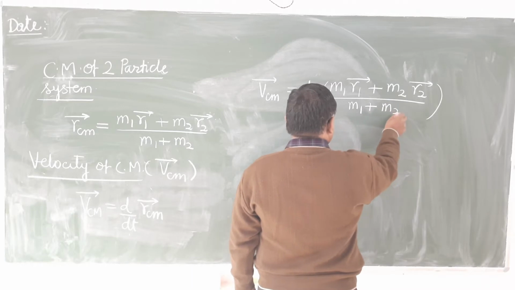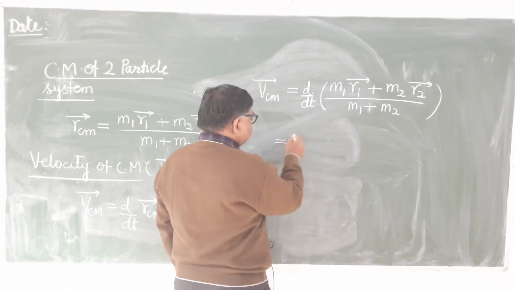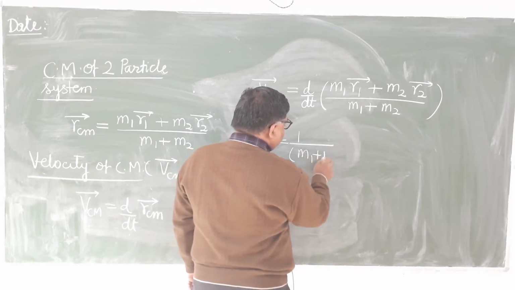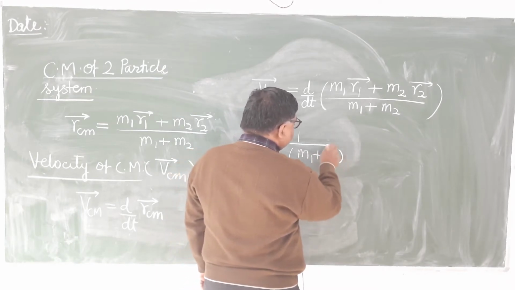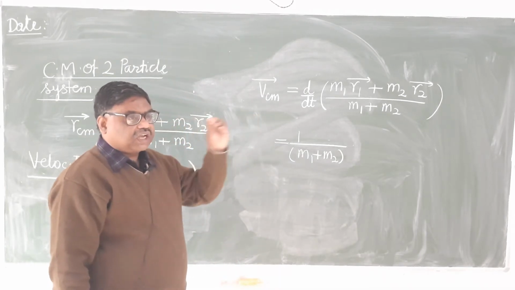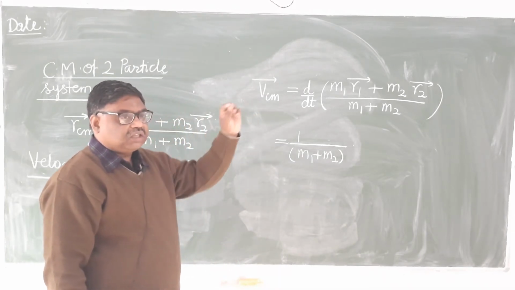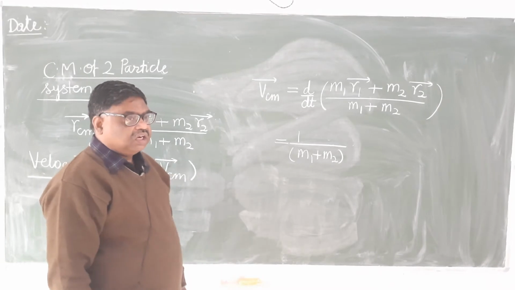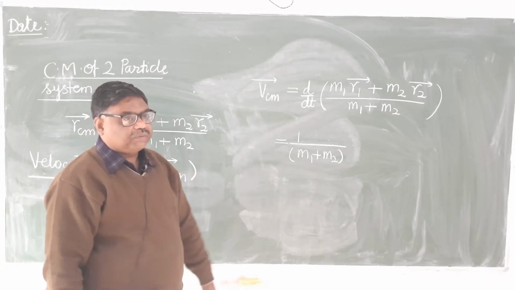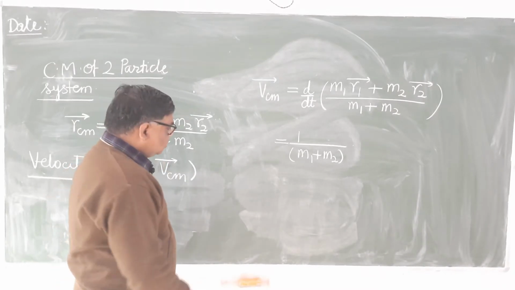Now m1 plus m2 you take out common. And which thing is going to change with time when the body is in motion? It is the position vector of the particles.